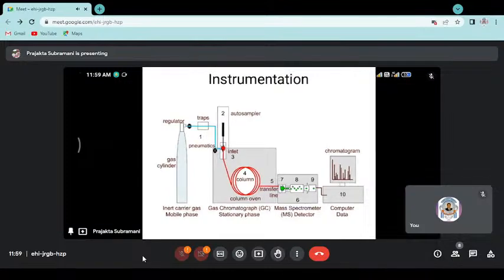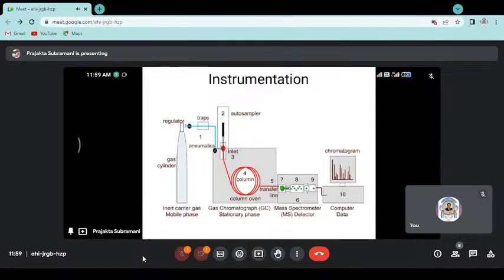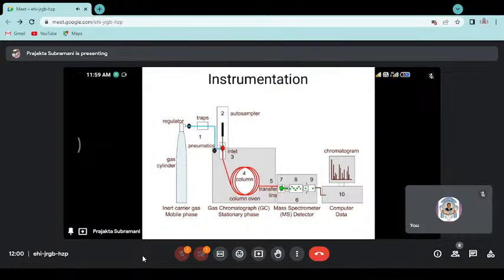Then there is a heated transfer line between the gas chromatography and mass spectrometry, also called the interface, used between the GC and MS. In the mass spectrometer, the separated components enter, then get ionized, accelerated, and detected according to their mass to charge ratio. So this is the block diagram of the GCMS instrument.